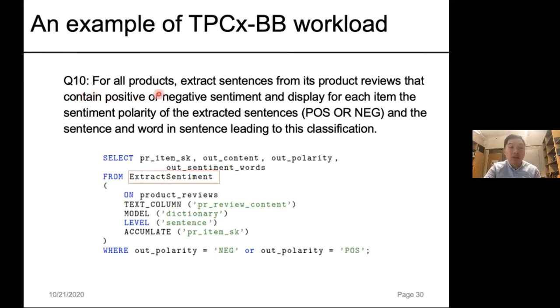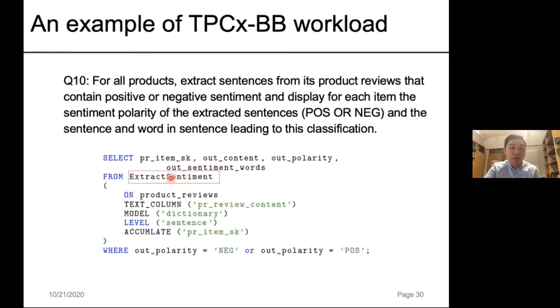It asks for all products, extract sentences from their product reviews that contain positive or negative sentiment, and display for each item the sentiment polarity of the extracted sentence, positive or negative, and the sentence and word in the sentence leading to this classification. So this query is implemented by a Hive query with NLP programs, and is also based on the MapReduce framework.